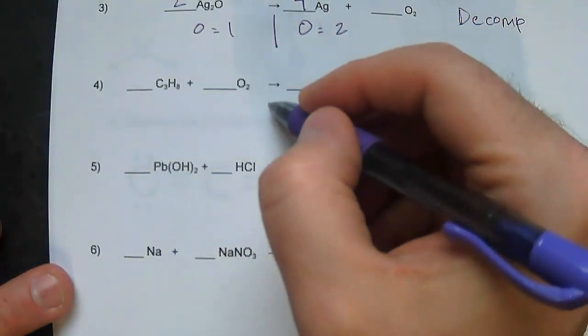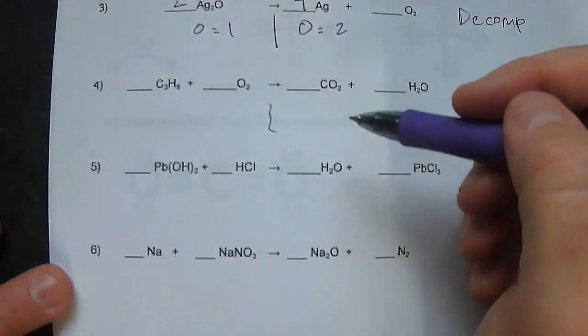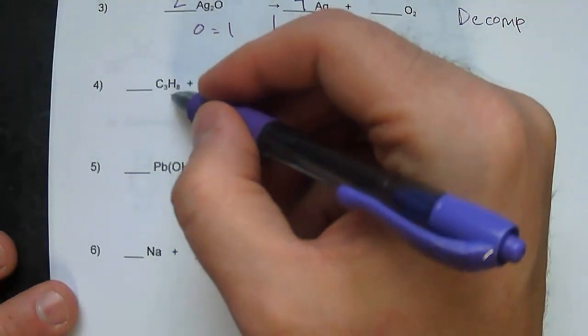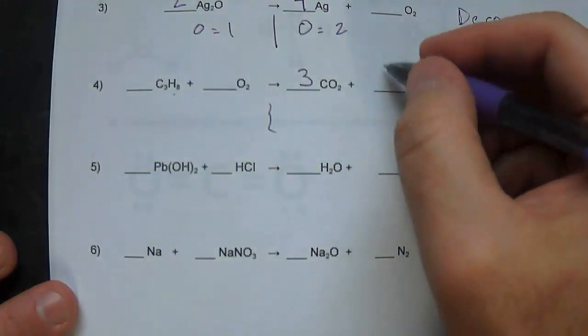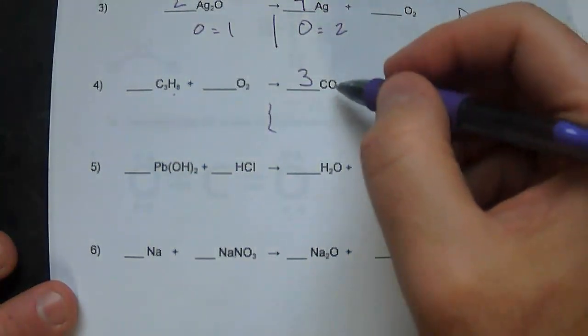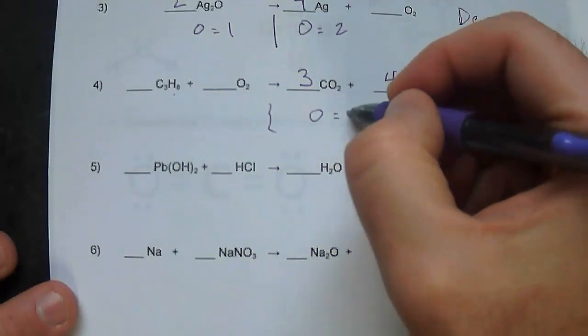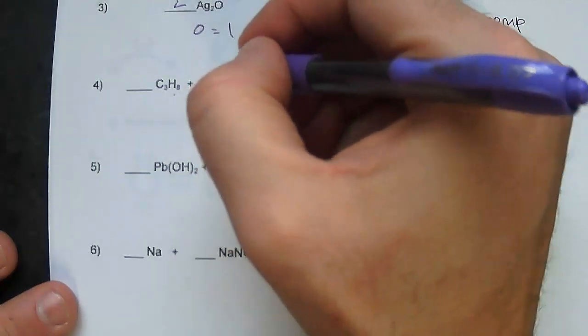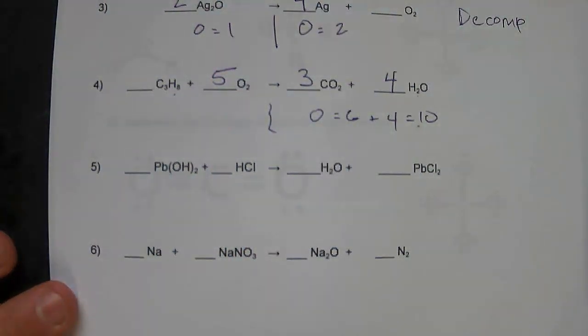Okay, so now combustion. We balanced this particular reaction 1,000,000 times. So we have 3, we're going to put a 3 here. We have 8 H's, 2 here, so we're going to put a 4 here. And so that's, for O's, that's 6 plus 4, which is 10, so we have to put a 5 there.